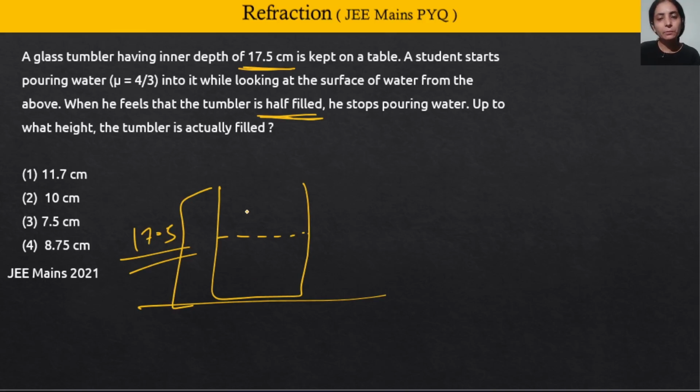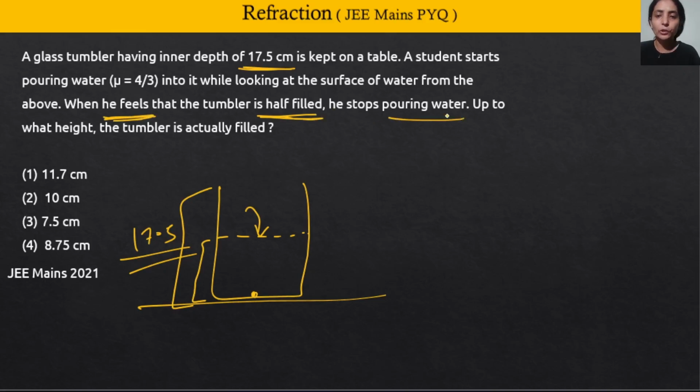Why? Because when this person is looking like this, he is seeing this bottom, and this bottom will feel lifted up, sort of, right? Because this bottom is inside the water, the apparent depth will be different from the actual one. So if he sees that it is half filled, actually it is not half filled, apparently it is half filled, right? So he feels, that is why it is written here, he feels that the tumbler is half filled.